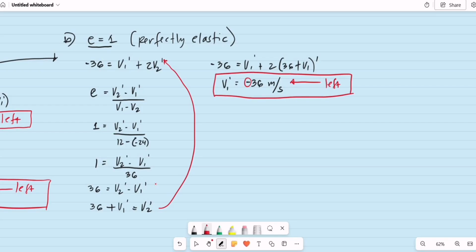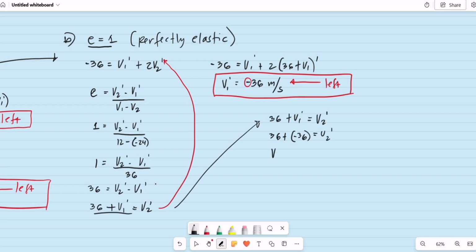What about b sub 2 prime? From this equation, 36 plus b sub 1 prime is equal to b sub 2 prime. We have 36 plus the computed b sub 1 prime, which is negative 36, equal to b sub 2 prime.